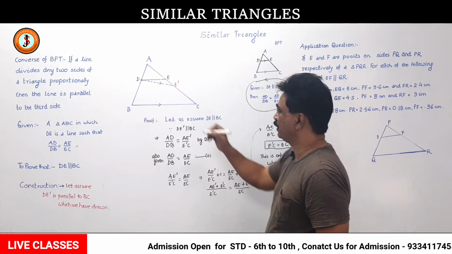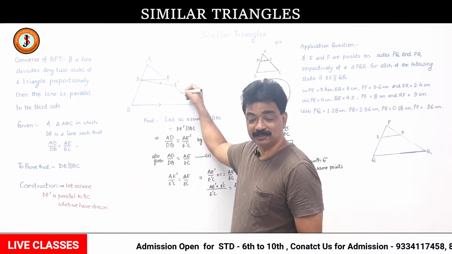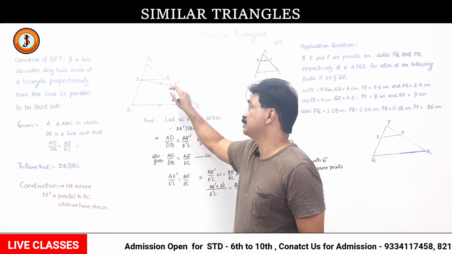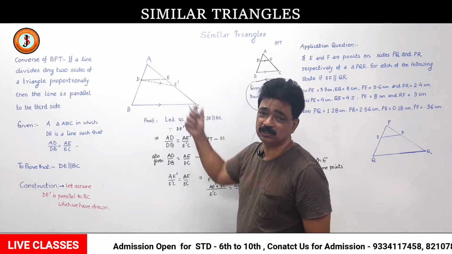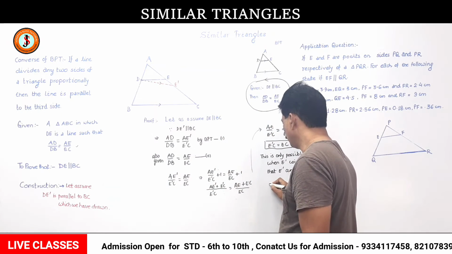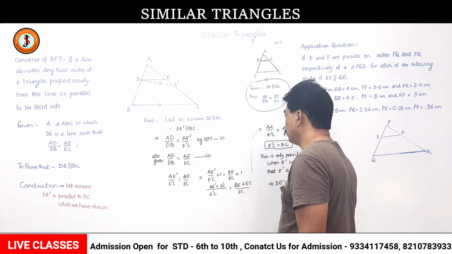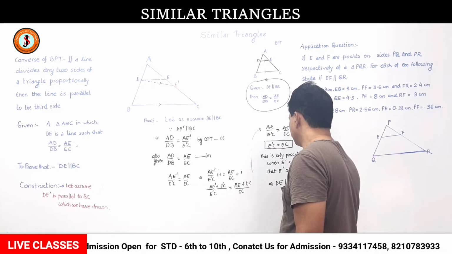So, if I have taken DE dash parallel to BC, that means E dash is the same as E. So, DE is parallel to BC. This finally proves that DE is parallel to BC.